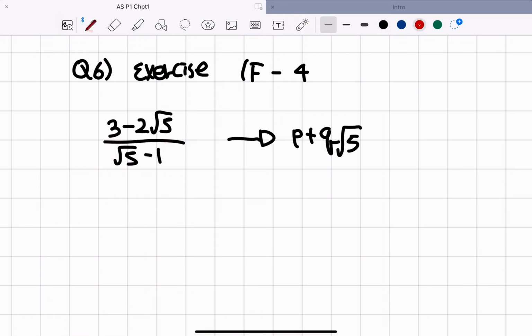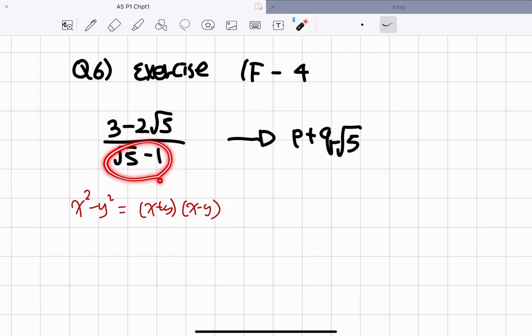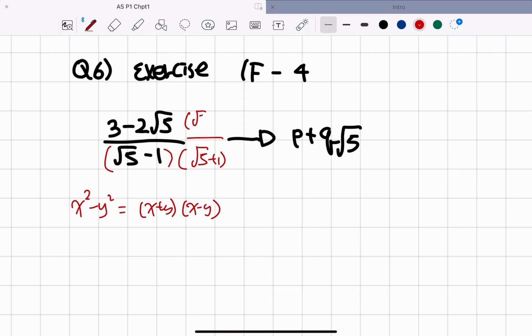Always remember x squared minus y squared equals x plus y times x minus y. So to make this rational, we should multiply square root of 5 plus 1 on the numerator and also the denominator, right? So let's just simplify.